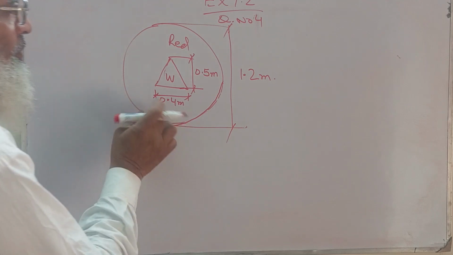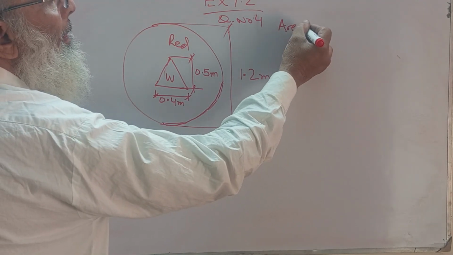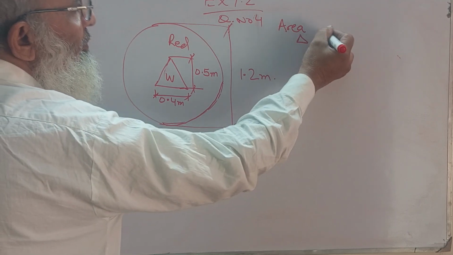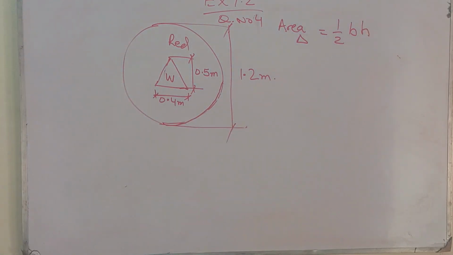Now the area of triangle is half base into height. I always tell you to write the formula.